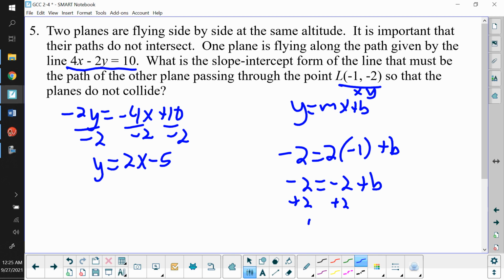We'll add the 2 over, and we get 0 for b. So we could either write y equals 2x plus 0, or the more common thing that you'll see is just y equals 2x.